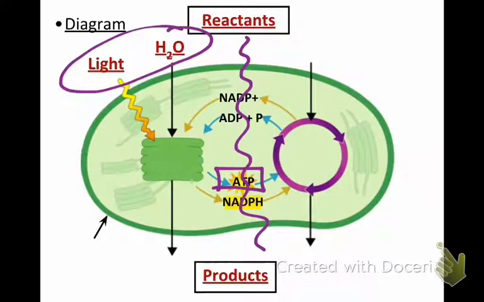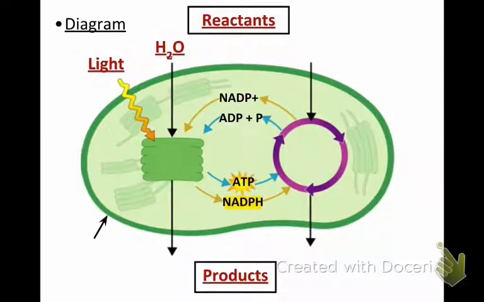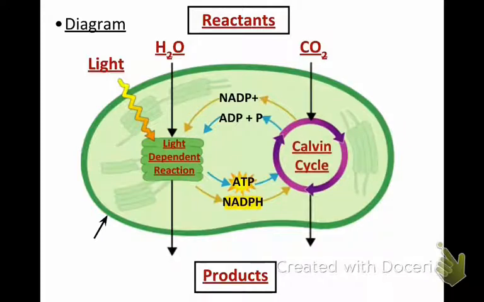In step 2 of photosynthesis, carbon dioxide enters into the cycle, and the ATP is used as energy to turn that into glucose. So part 2, carbon dioxide and ATP are used to turn into glucose, and the oxygen that came in the water is turned into oxygen gas that we can breathe.